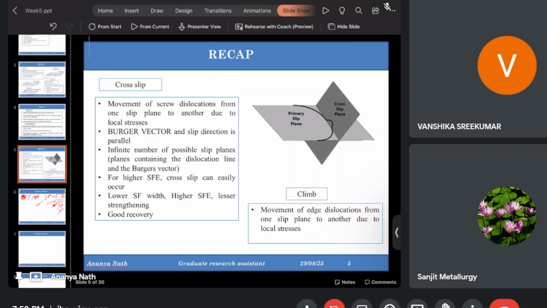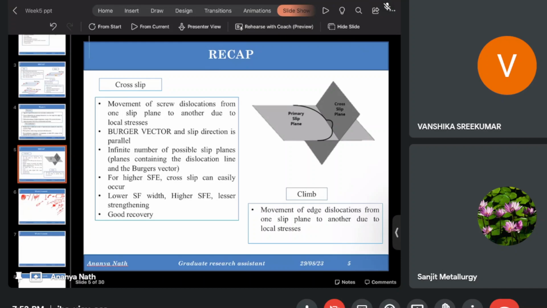Then for higher SFE or stacking fault energy, cross slip can occur very easily because of that small width, not a preferable environment for the solutes to sit, and also lower stacking fault width gives rise to higher SFE, which is like lesser strengthening.